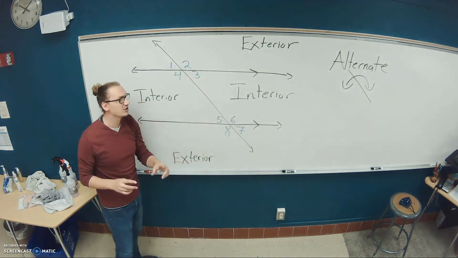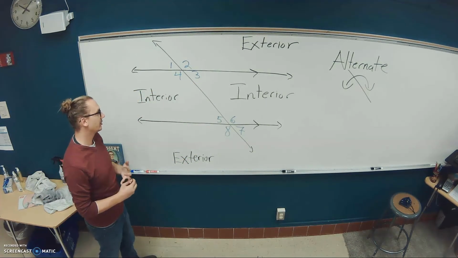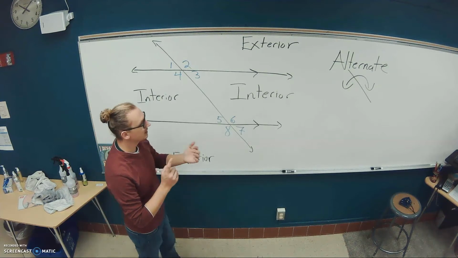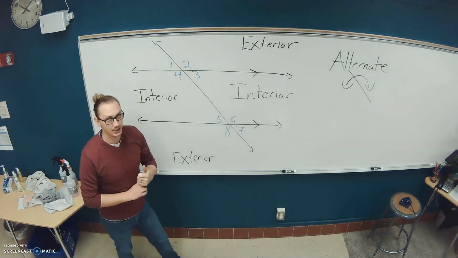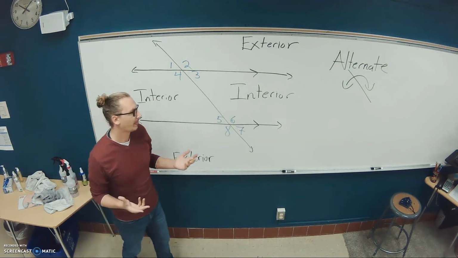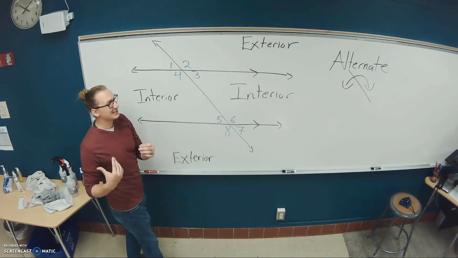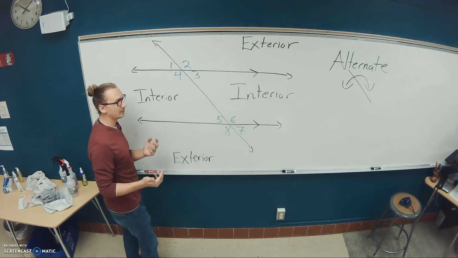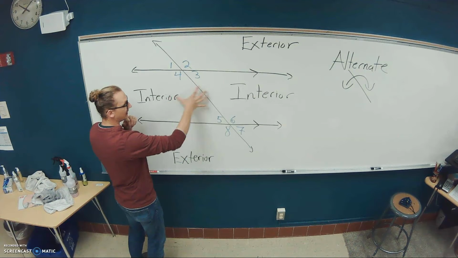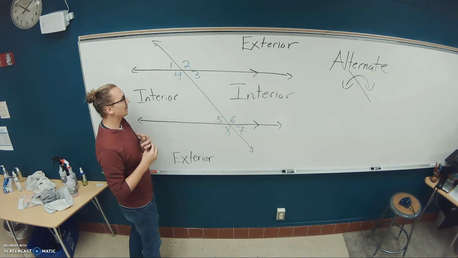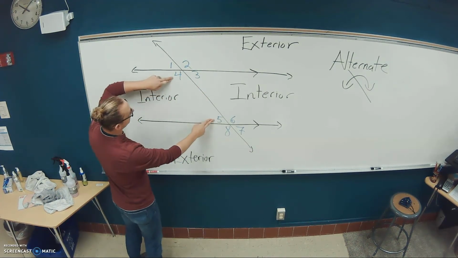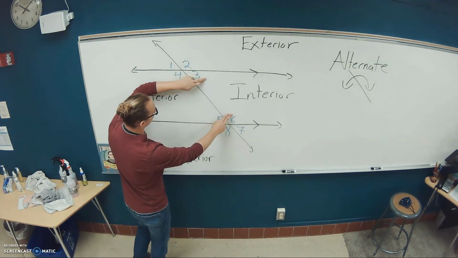So let's talk about some same side angles. Okay? And we know that alternate interior and alternate exterior are all congruent. Okay? So same side interior means I'm looking at interior angles on the inside that are on the same side. So 4 and 5, or 3 and 6.